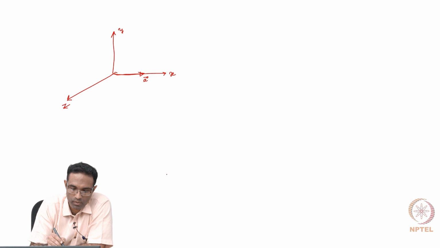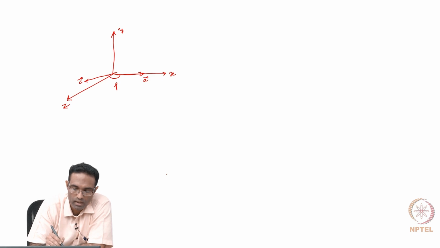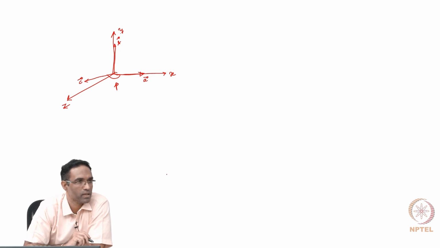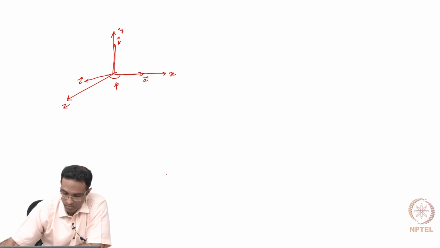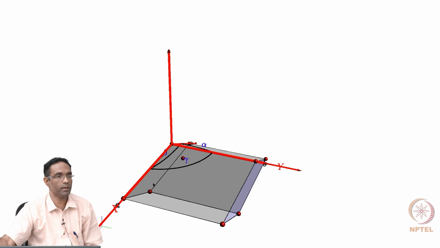This is going to be our coordinate system. The C vector was somewhere here, on the xz plane, with the included angle beta, and this is our B vector, right? So now I have constructed these structures. This is the first one, the unit cell constructed using these basis vectors.